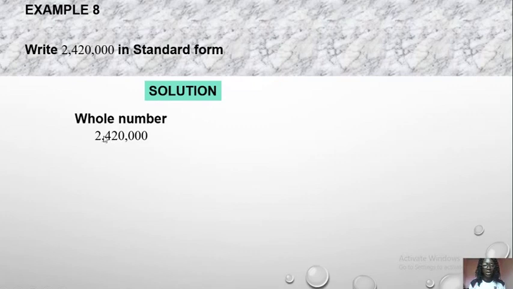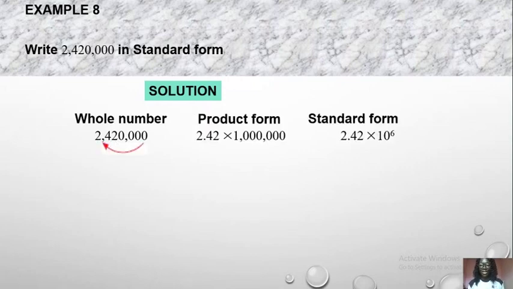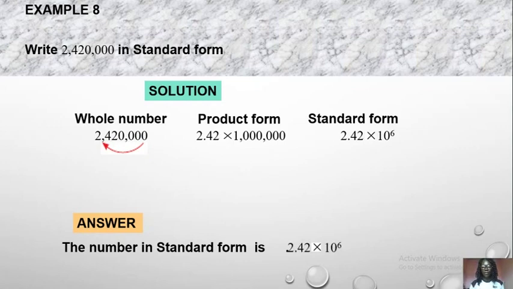After our first number, we count everything as our index, as we agreed. So we have 1, 2, 3, 4, 5, 6, so we have 10 to the power of 6, and our product is 2.42. So let's see our answer: 2.42 times 10 to the power of 6.